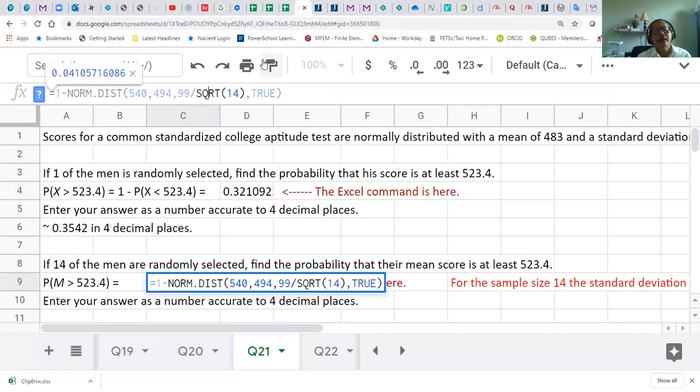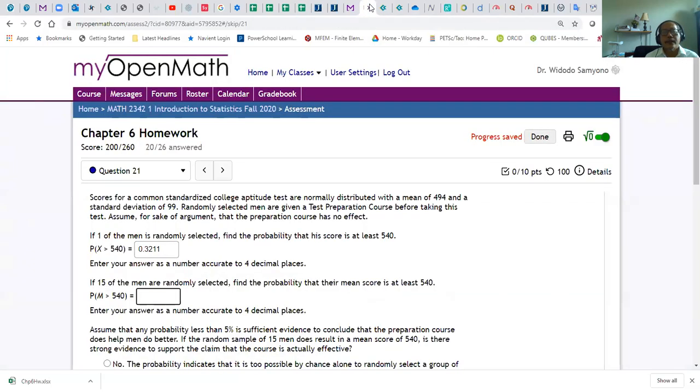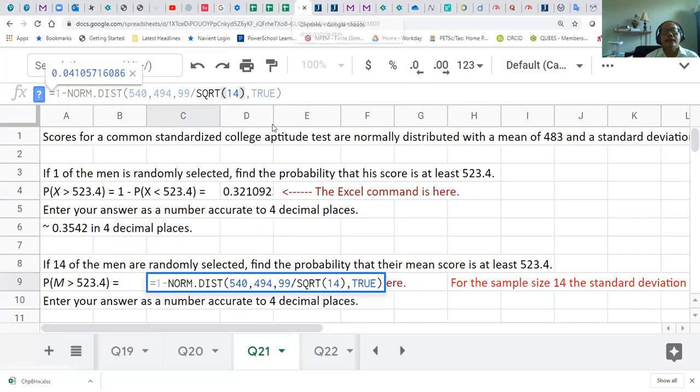And what is the sample size, or the number of samples? 15, right? So you have 15 here. So you divide by 15.